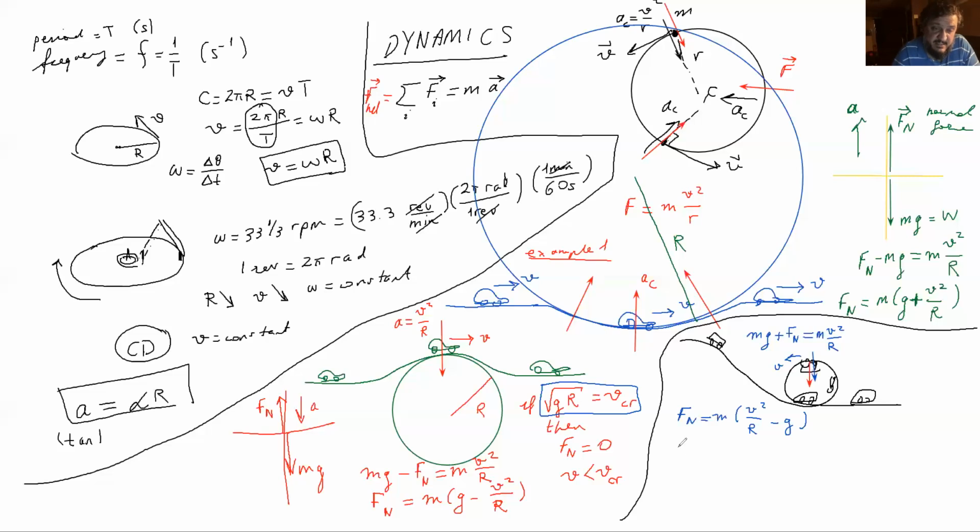This means, in order to complete the loop without becoming a projectile along the way, your velocity should remain above this critical velocity. Not below, but above. It has to be greater than the critical velocity. All right? So, looks very similar, but there's a difference. Okay. All right, I'm going to stop there.